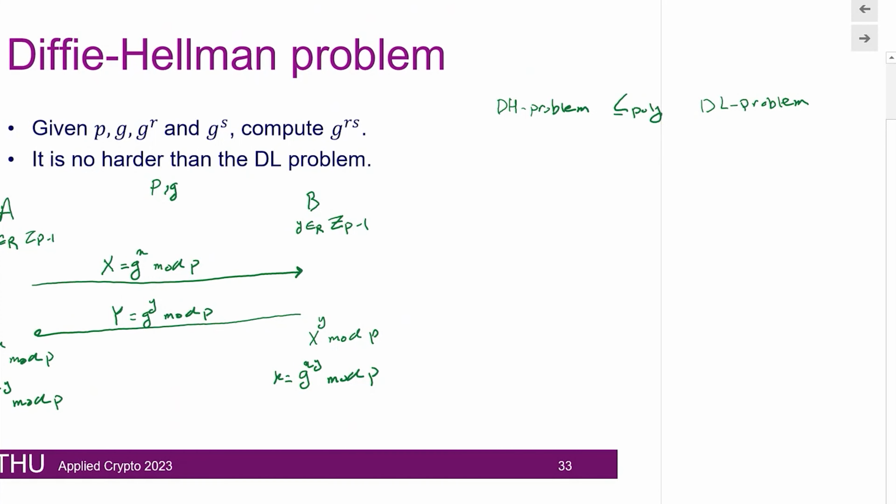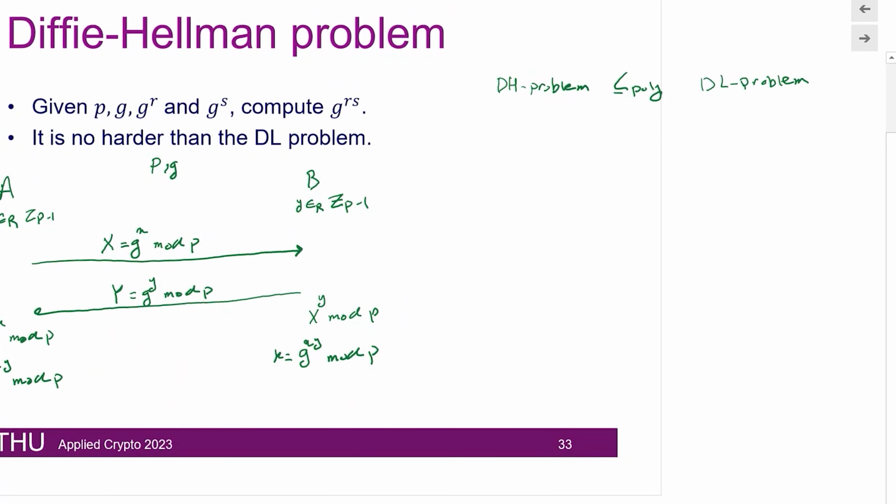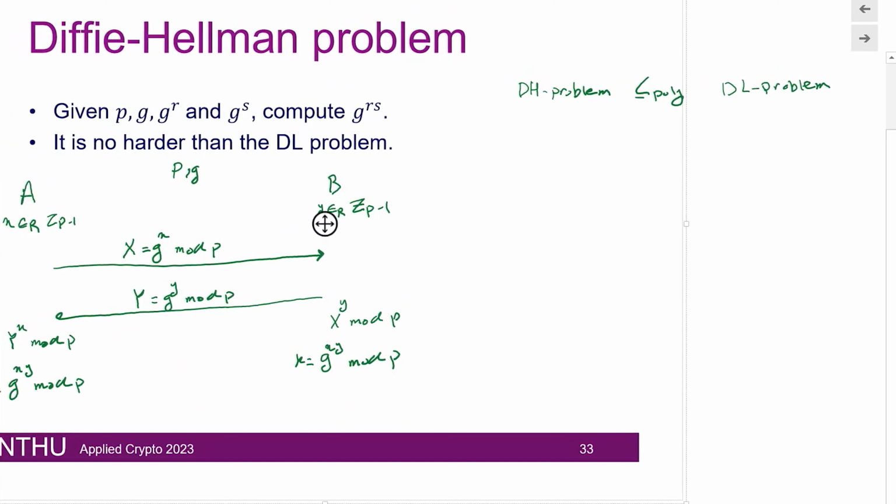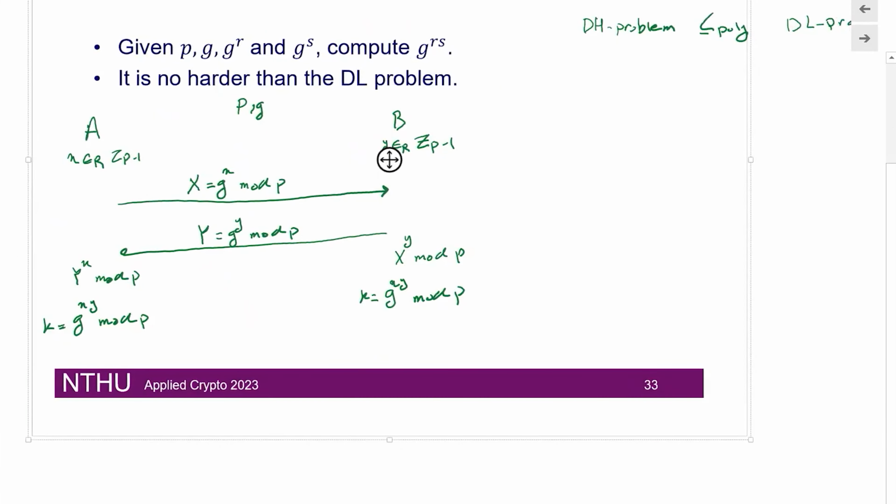The input for the Diffie-Hellman problem is, so let me mention something over here, that for other parties like Eve that are seeing this communication, she can see capital X, she can see capital Y, right? She is not able to derive key K over here.